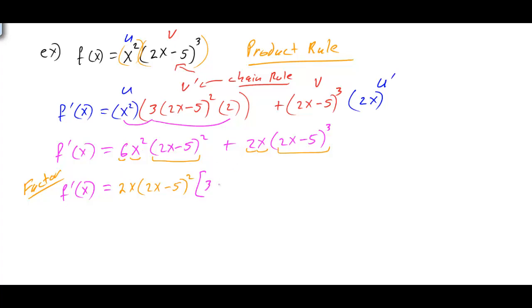Take an x out, so you're left with 3x. And we took out the whole (2x - 5)², so all we're left with in the first piece is the 3x, plus, on the second piece, we take out the entire 2x and the (2x - 5)², so we're left with simply one of the (2x - 5)s.